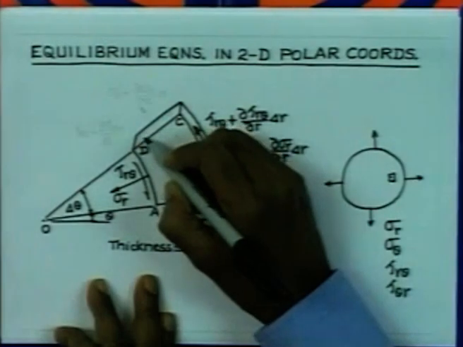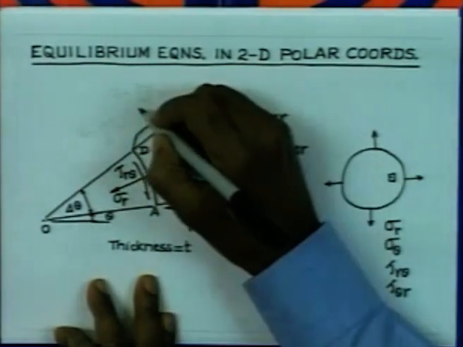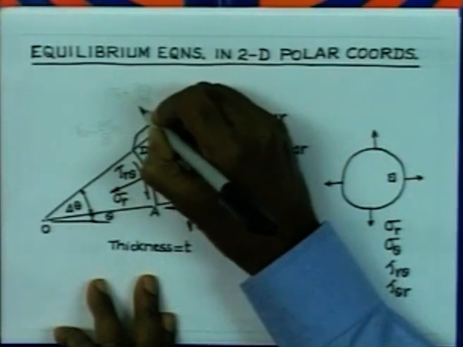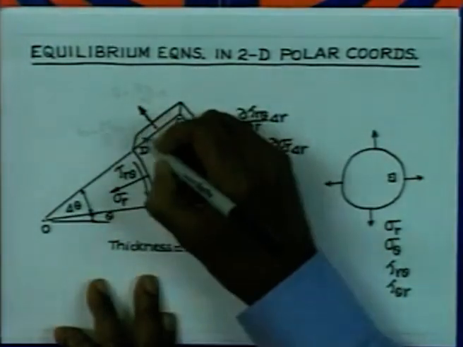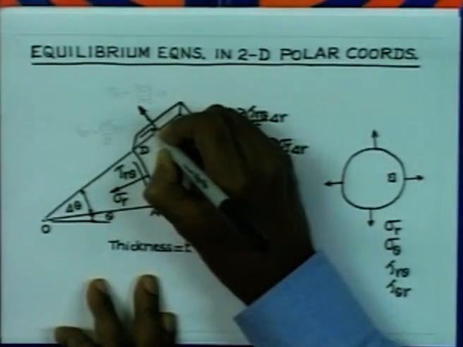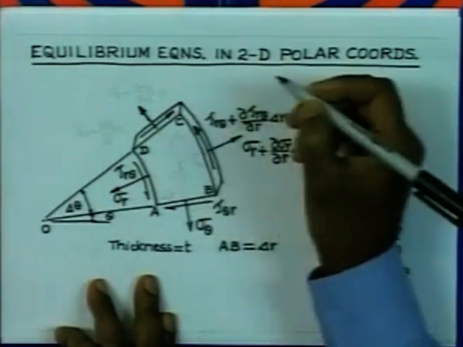Now, the stresses on this face, which is the theta positive face, one component is the normal stress, and it must be positive in this direction, that is the theta increasing direction, and the shear stress which is tau theta r must be acting like this.